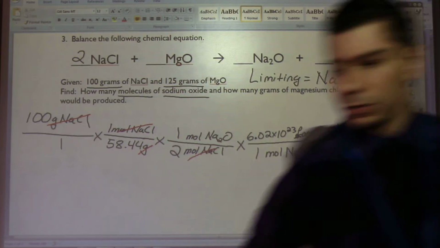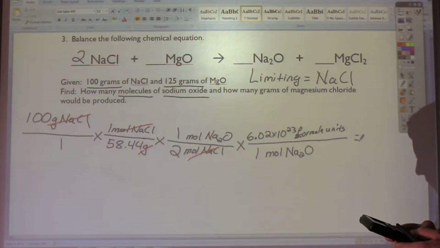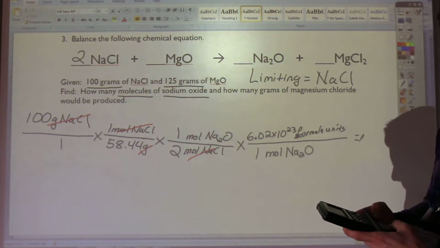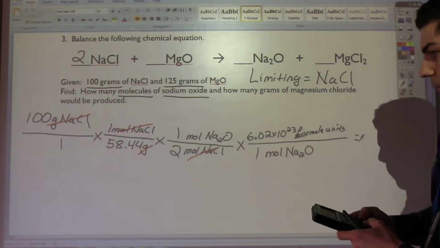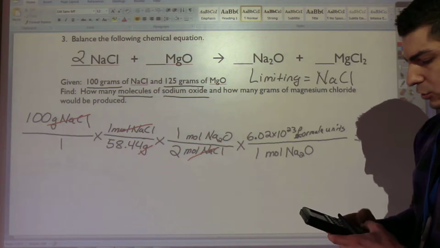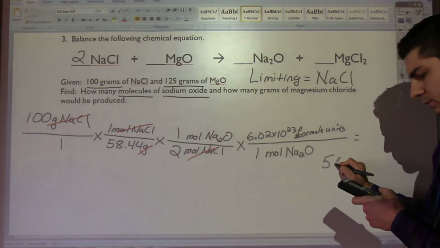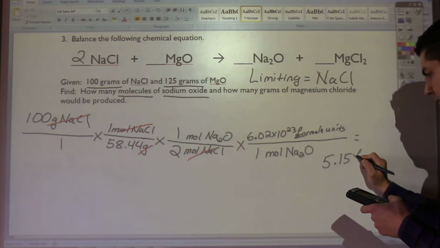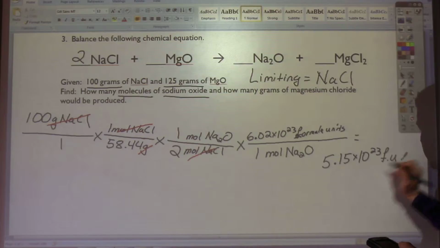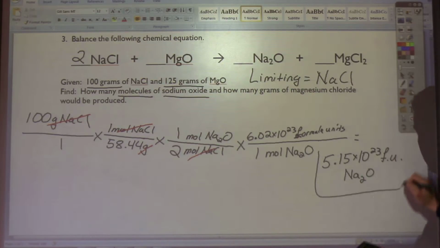So your last step is to get your calculator, and we are going to do 6.02 times 10 to the 23rd times 100, divided by 58.44 times 2, and overall we are going to get 5.15 times 10 to the 23rd formula units of Na2O.